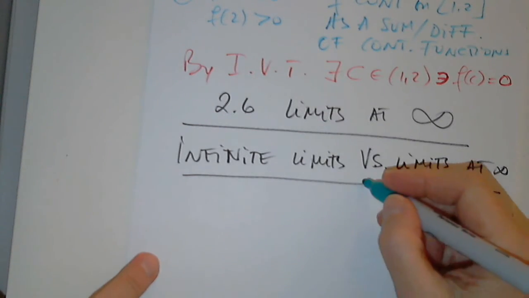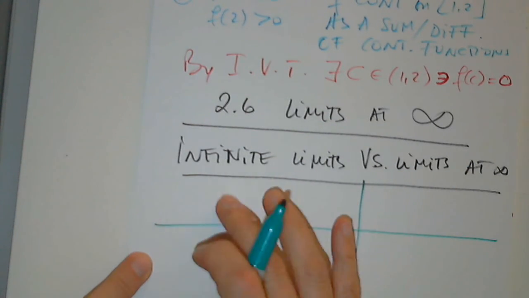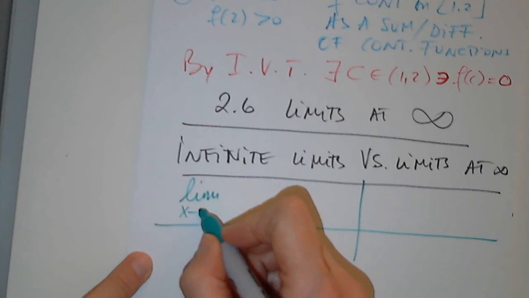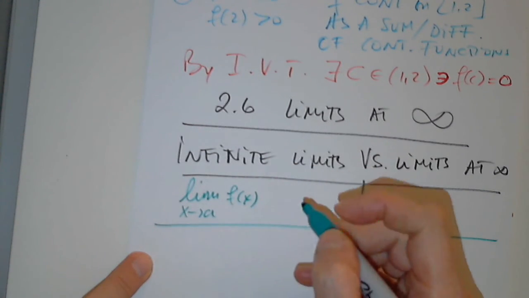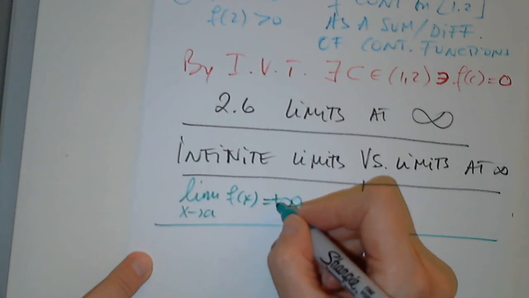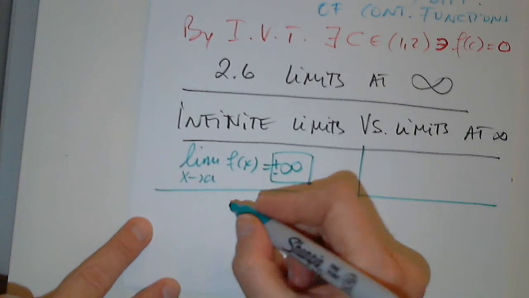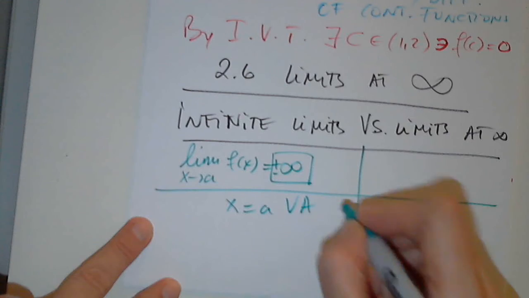Absolutely. This one is the limit as x approaches a of a function, and the answer is infinity or negative infinity. Infinite limits: the result is infinity. And that's it. So x equals a is a vertical asymptote.